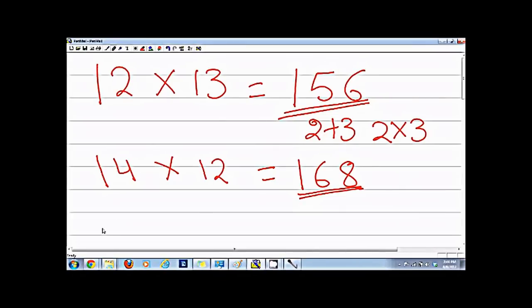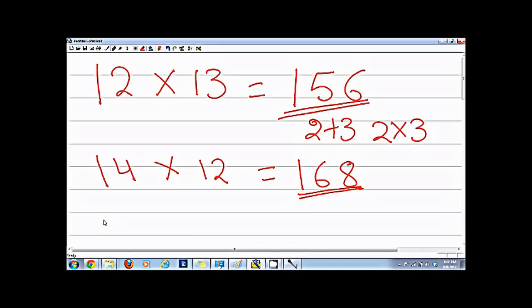Now there is one problem. If we multiply the digits and it's not a single digit but a two digit number, then we have to look at the trick.